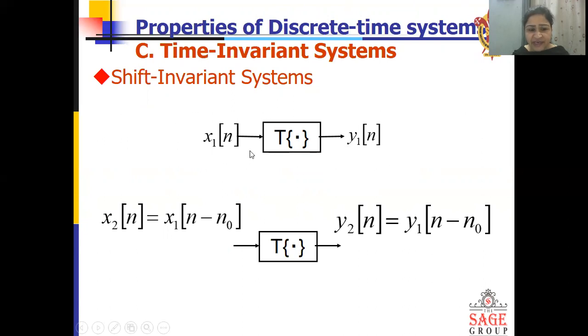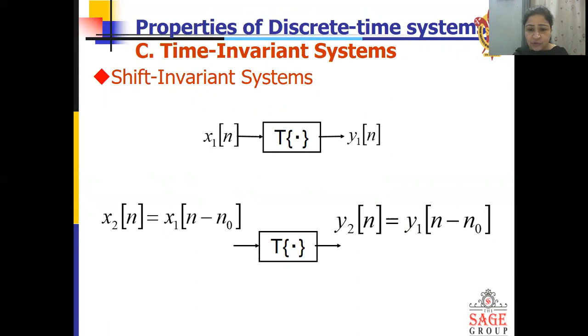Now, if I delay the input by, say, instant n naught, and I give this delayed input to the same system, in that case there should be no change in the shape of the signal. Only the output should be delayed by the same instant by which the input was delayed. That means the output should be again the same y1, but delayed, that is y1[n minus n naught]. It means that the characteristics of the system do not vary with time.